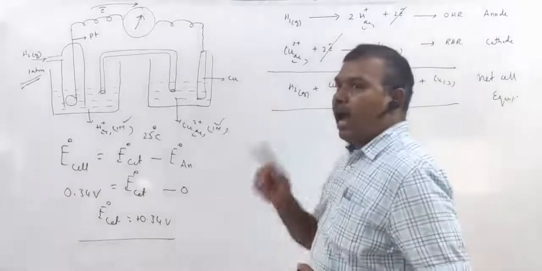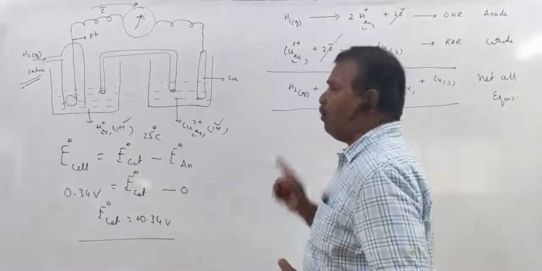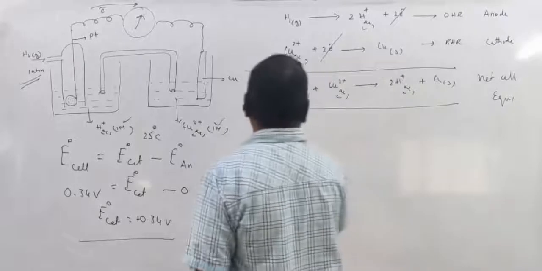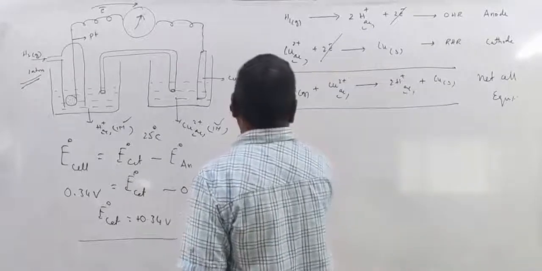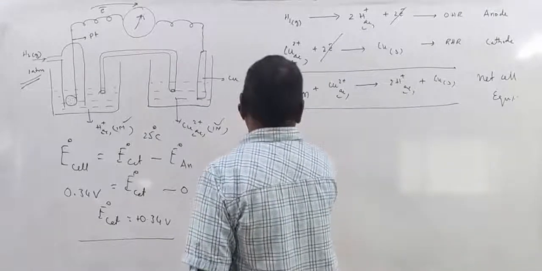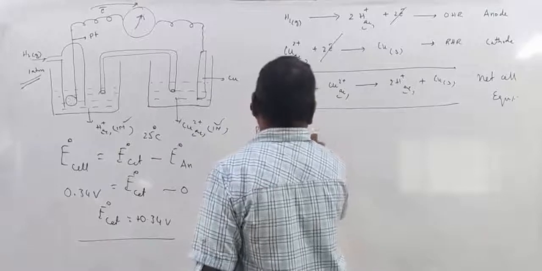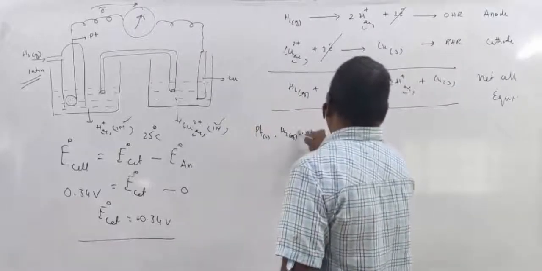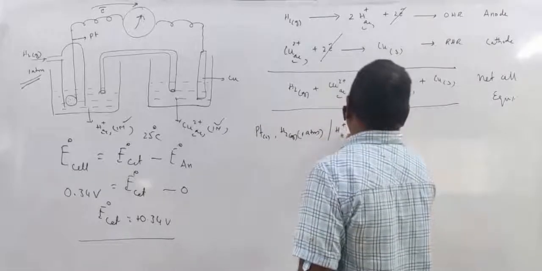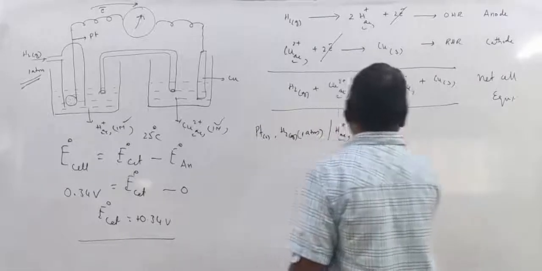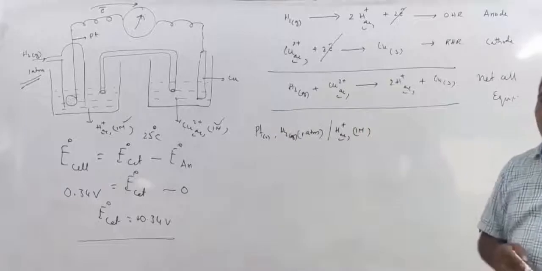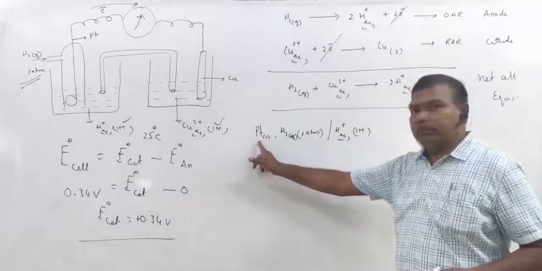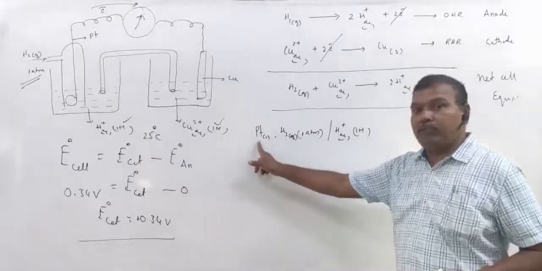The hydrogen electrode is the anode half cell, and the copper electrode is the cathode half cell. So, anode half cell: platinum solid, hydrogen gas, 1 atmosphere pressure, H+ ions in the solution, concentration 1 molar. So always you have to write the medium in the anode half cell first.